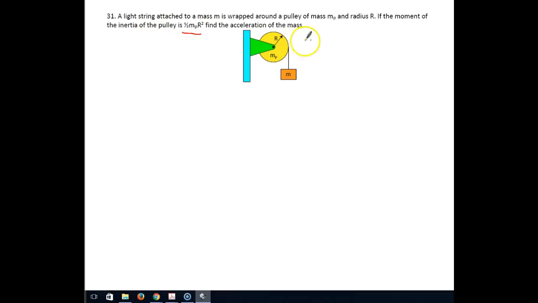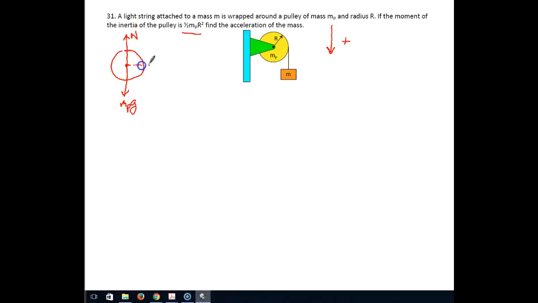So one of the things that we need to do is define that straight down is going to be positive. Now that we've done that, let's draw a circle, and this circle represents the pulley. We know the mass of the pulley times gravity is going straight down, and going straight up, at the pivot point, there's a bar going through there, so there's a normal force that holds that up.